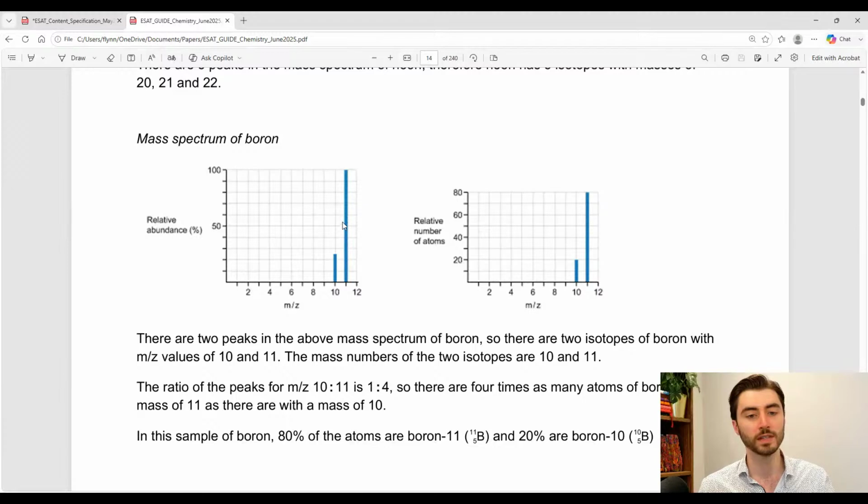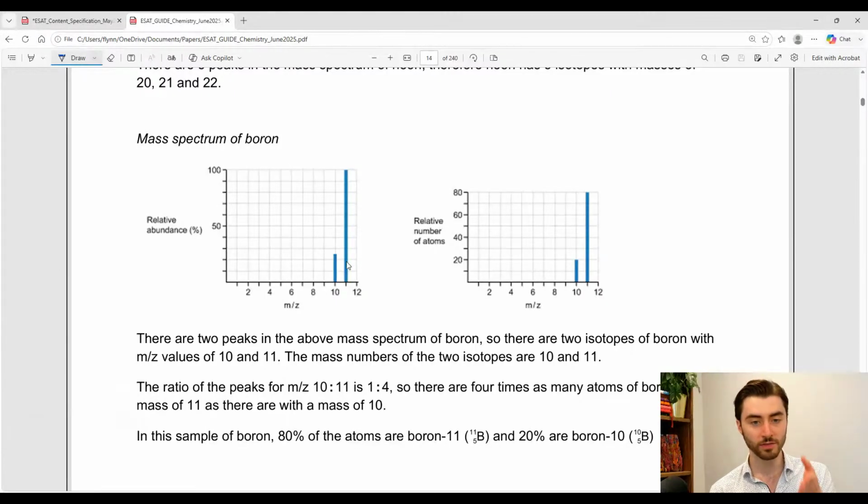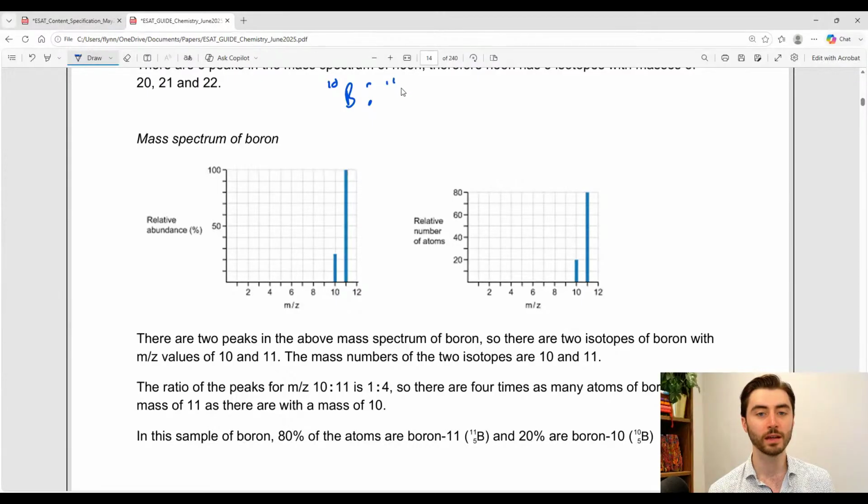So for boron, this is telling us that about a quarter of it is boron 10 to boron 11. It looks to be in a 1-to-4 ratio, basically. So 20% of it is boron 10, 80% of it is boron 11, and I would expect that to therefore give us a relative mass of 10.8.